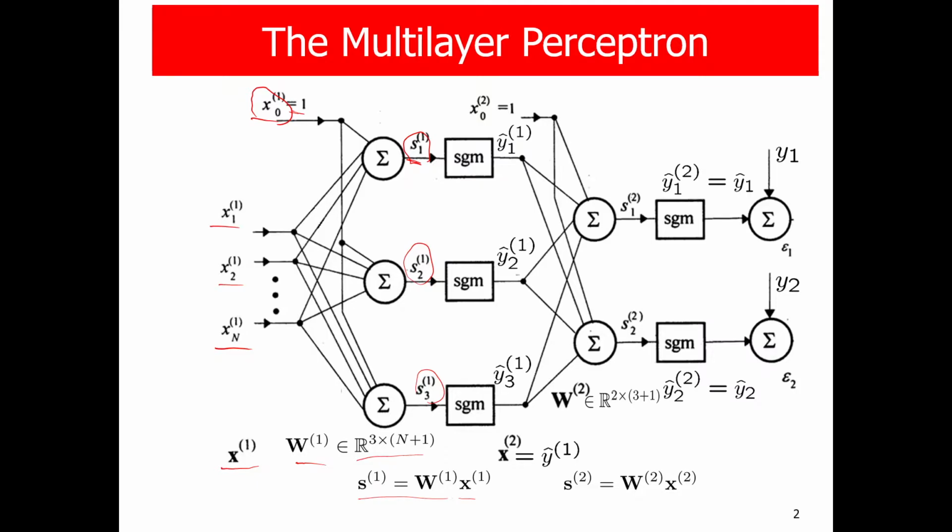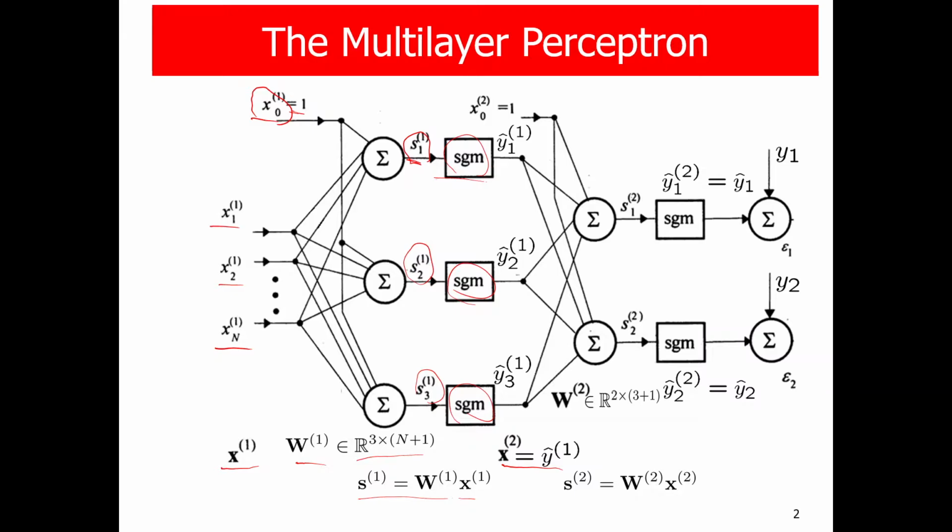After we calculate the linear combinations of the inputs, these quantities go through nonlinear activation functions, denoted by SGMs here. The outputs of these activation functions will be the outputs of the neurons in the first layer. They are denoted by y hat 1. Y hat 1 in this case, again, is a 3-dimensional vector because we have 3 neurons.